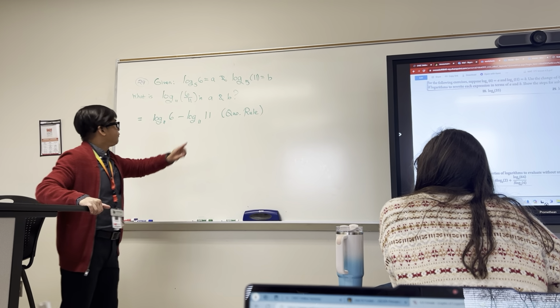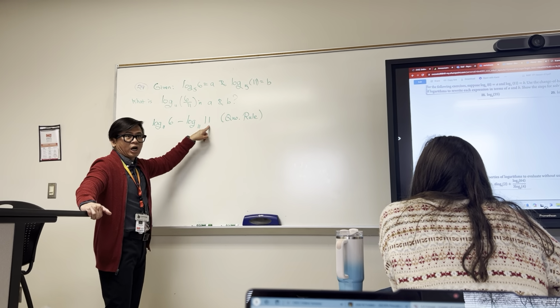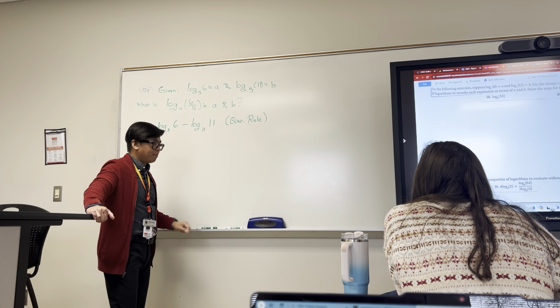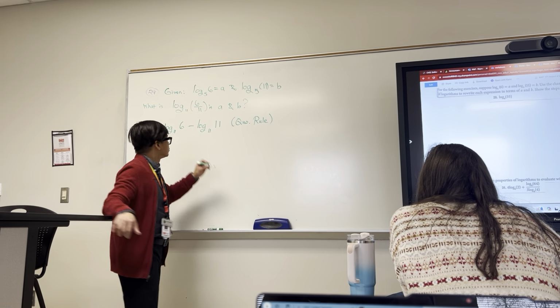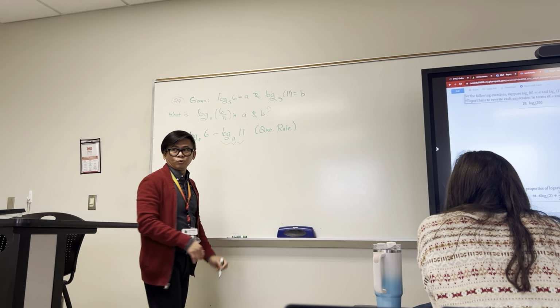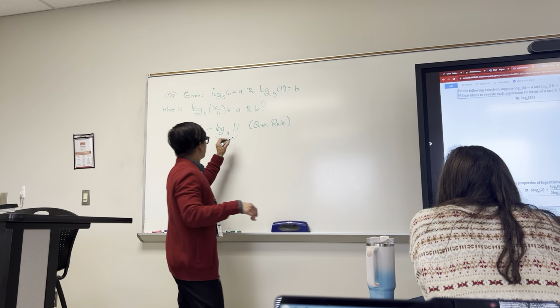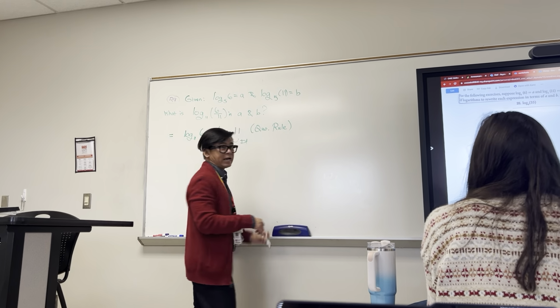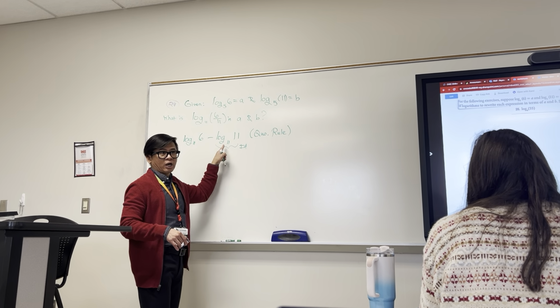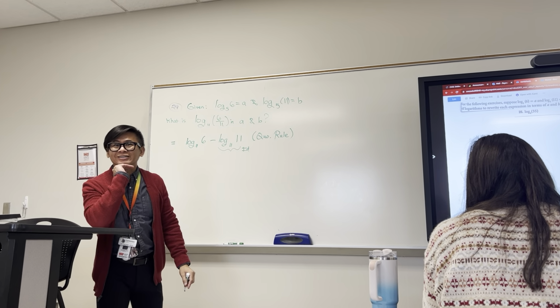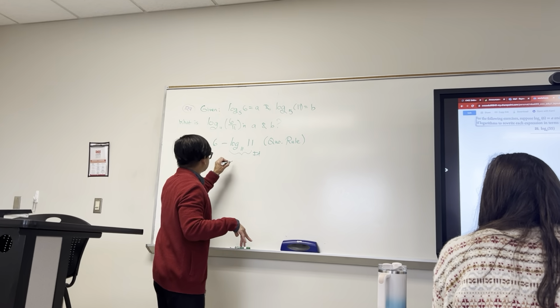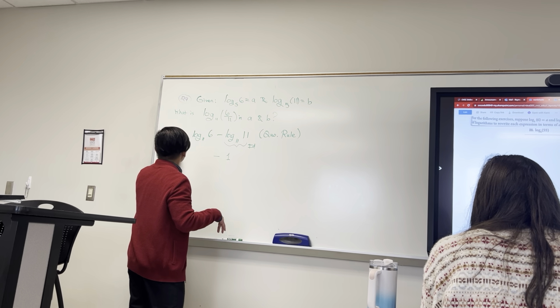Very good. If you notice that this and that are the same, then by what rule do we know its value? Identity rule. So by identity rule, let's call it ID, if the base and the number are the same, automatic is equal to what? 1. Very good. So that's equal to 1 minus what's this?